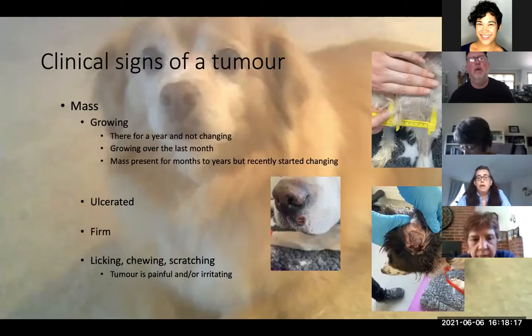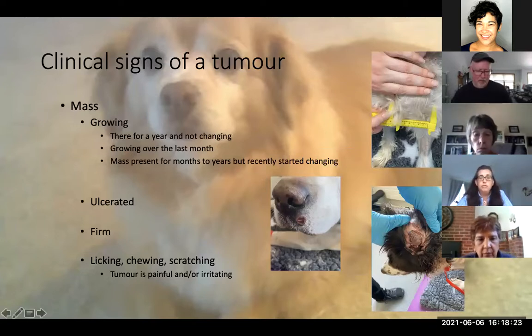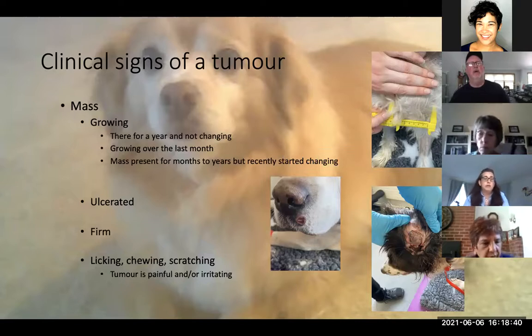So when you see a mass, and this is one that we're showing you again, all 3 of them, we saw this mass here on the top image in this slide. Has this mass been there for a while? Has it been growing? If the answer is no, it's not been growing, then perhaps it would be okay to say, let's reassess it in a month's time.